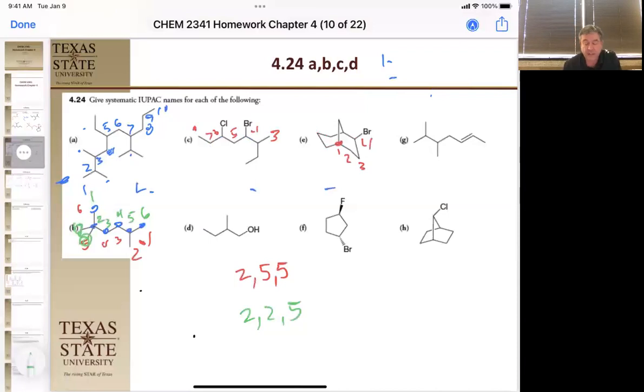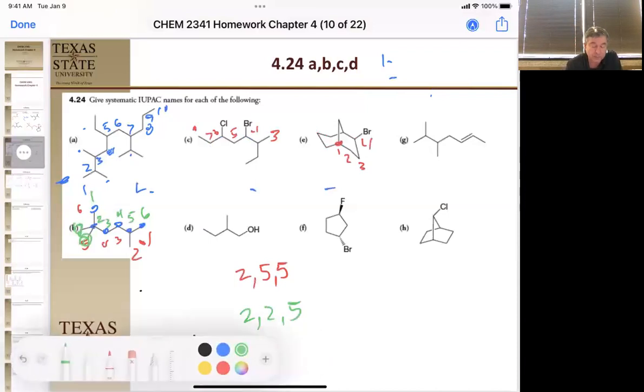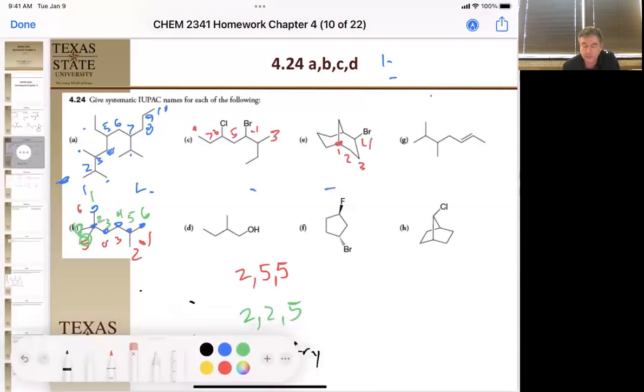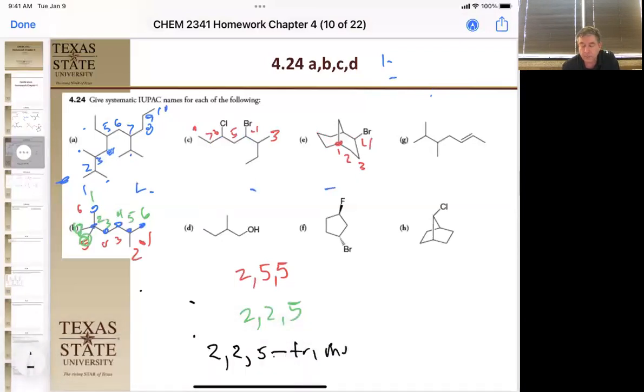So that's going to give us our numbering system. And since we have 3 of the same groups, 3 methyl groups, we can use the trimethyl. So our answer is going to be 2, 2, 5 dash tri, not with a Y, with an I, trimethyl, and it was 6 carbons, hexane.